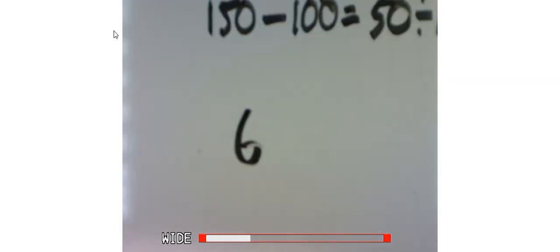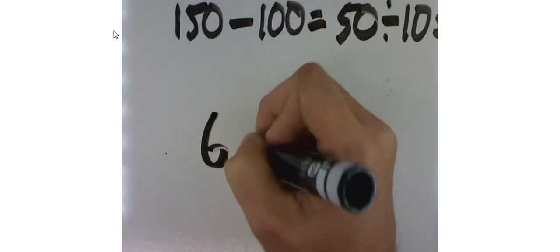So let's get our whiteboard out and do some math work here. We got 6 spaces, and they're each worth 5.